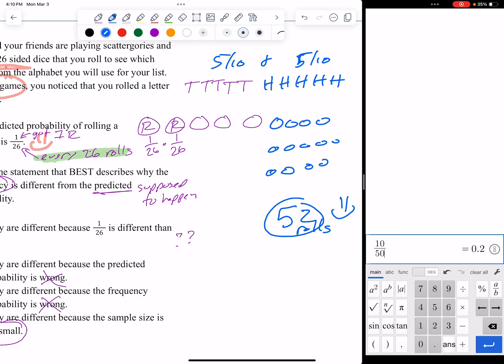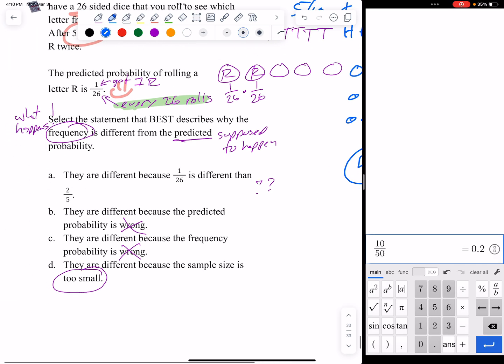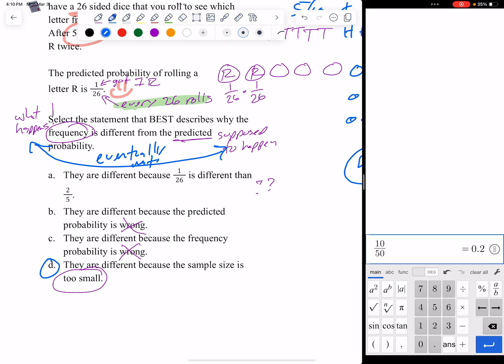So if I had kept going, I could have still been okay. Now again, I could have gotten another R, but I could have just kept going and going until it stayed. So eventually, it should match. So that's the idea. What's supposed to happen and what actually happens will eventually match if you keep rolling.